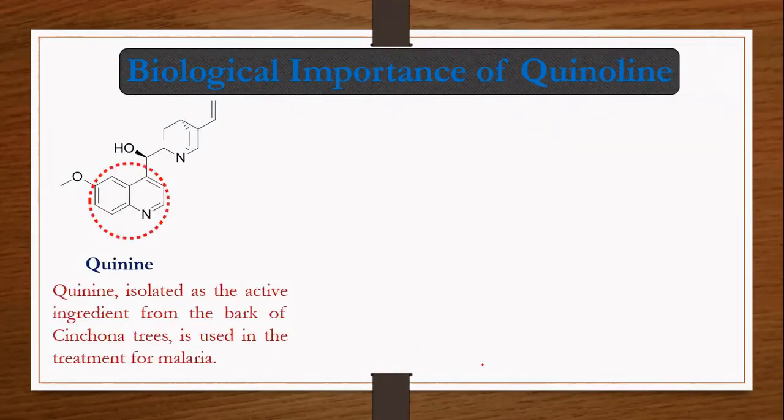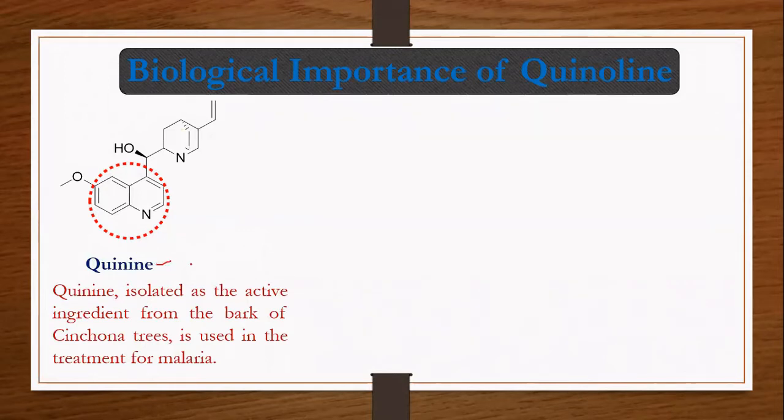Now, in front of you, there is one molecule. In this structure, you observe the red color circle, which is shown by dotted. It is a dotted circle. This is the presence of quinoline nucleus in this molecule. This is a natural product, quinine.